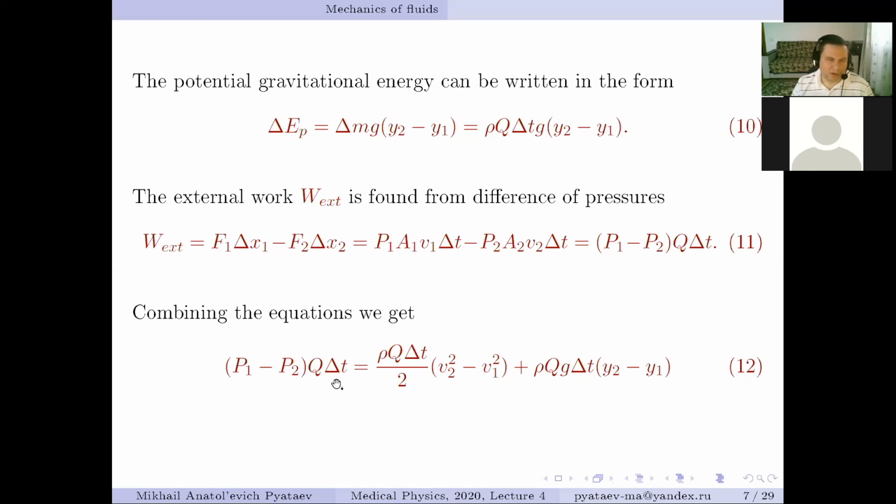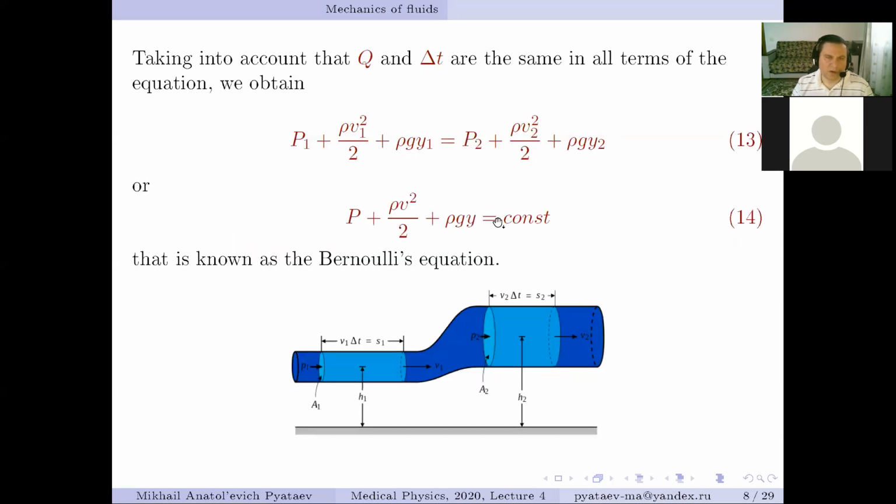Q delta t is the volume of liquid, and this volume remains the same because liquid is incompressible. So we can cancel Q delta t in all the terms. This gives us equation 13.